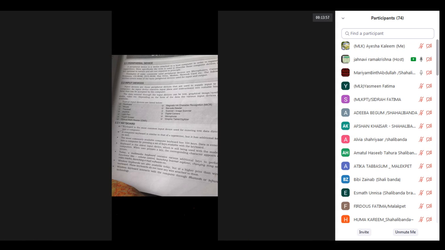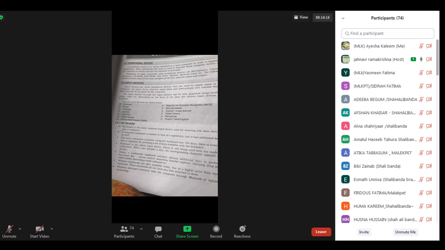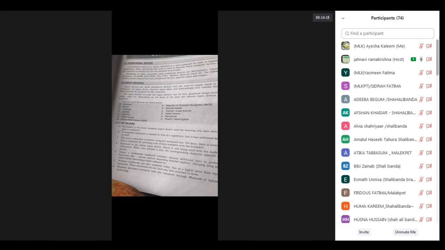The important point is that it has 104 keys, and data is entered into the computer by pressing a set of keys available on the keyboard. It is the oldest input device, but still being used even with modern computers. There is no replacement for your keyboard even now.